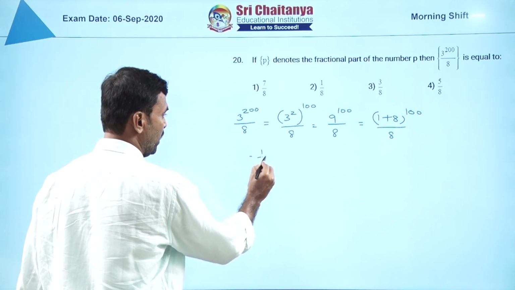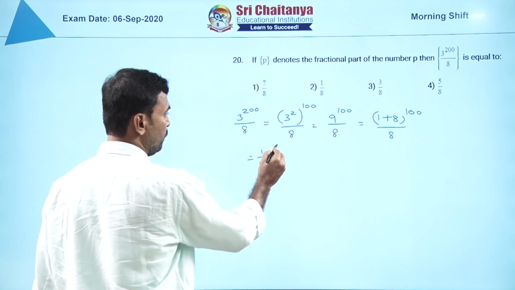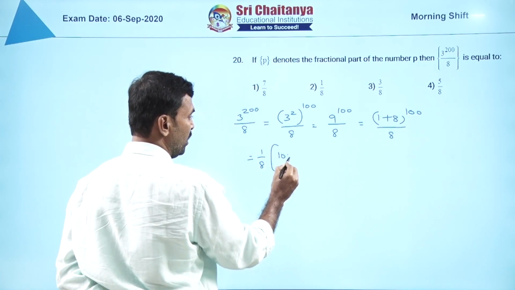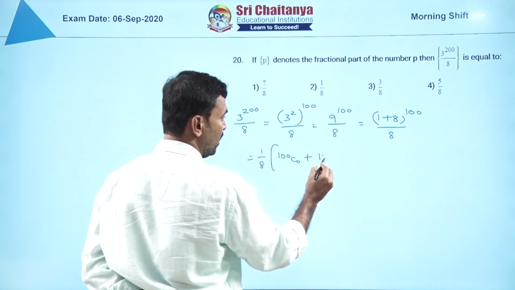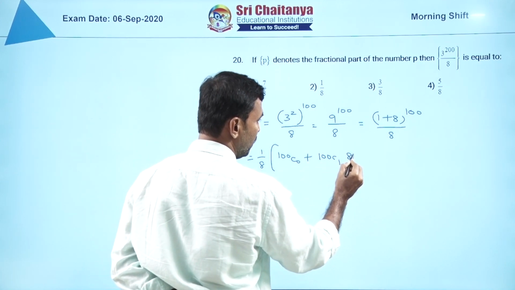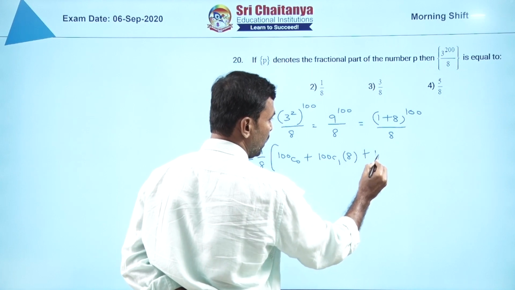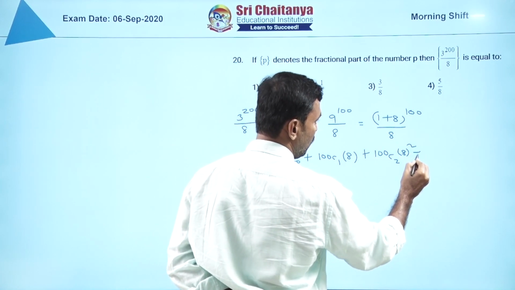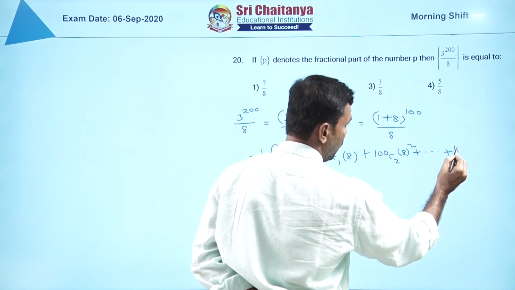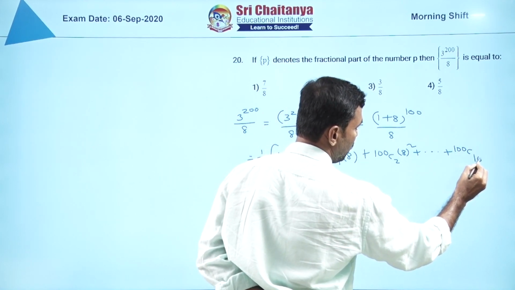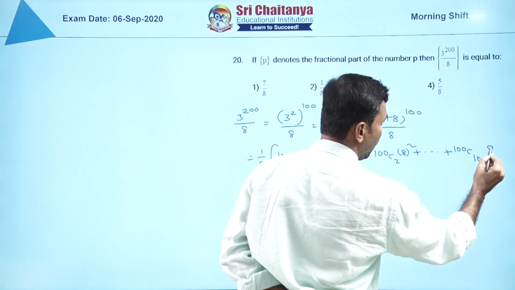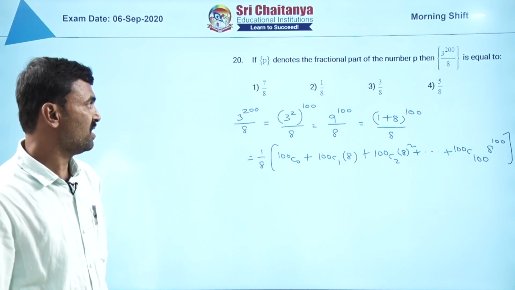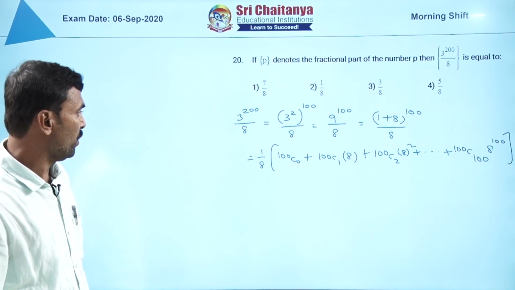Keep 1 by 8 aside. 1 plus x whole power n formula: 100 C naught plus 100 C 1 into 8 plus 100 C 2 into 8 square plus so on, 100 C 100 8 power 100, by using the standard form of binomial.